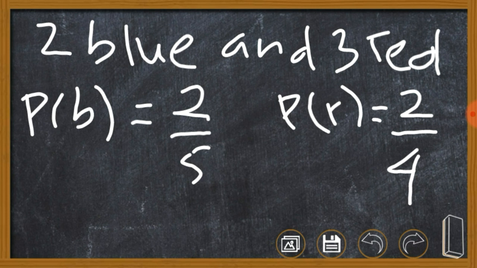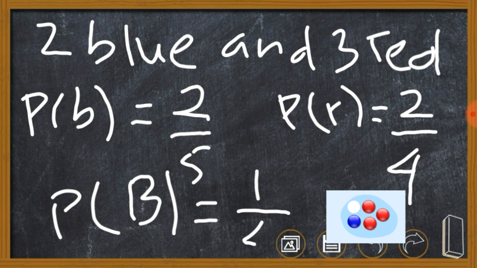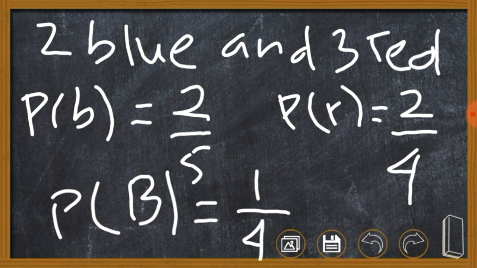If we got a blue marble before, then the probability of a blue marble next is 1 divided by 4, or 1/4.